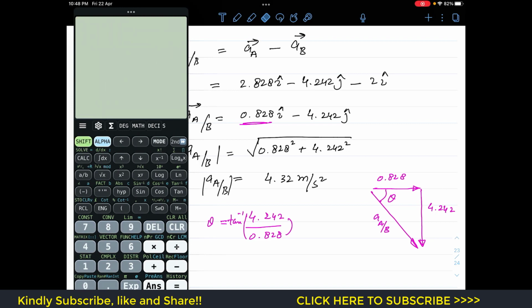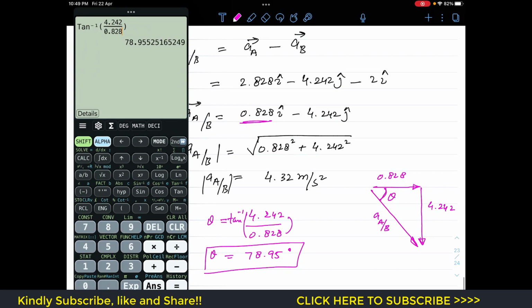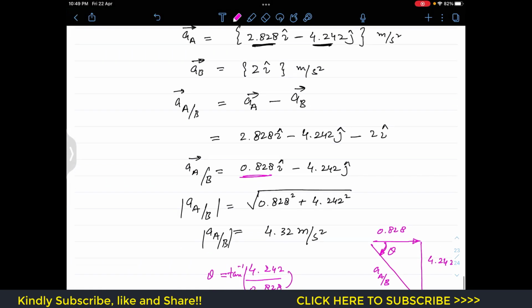So now theta is equal to tan inverse of 4.242 divided by 0.828. So this is 78.95. So this theta is 78.95 degrees, and this angle is with the positive x-axis, and this is in the clockwise direction like this.